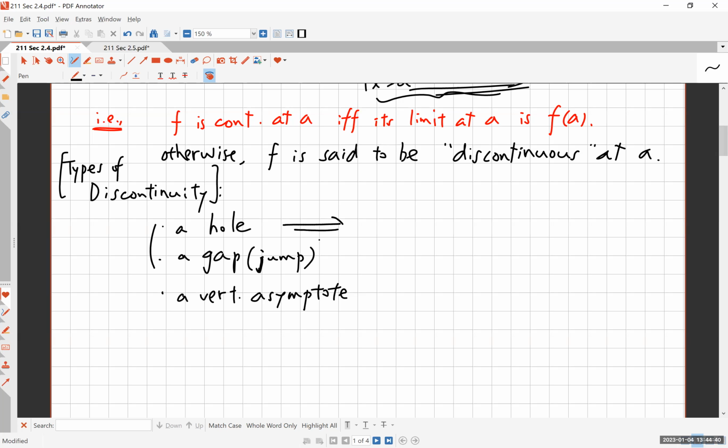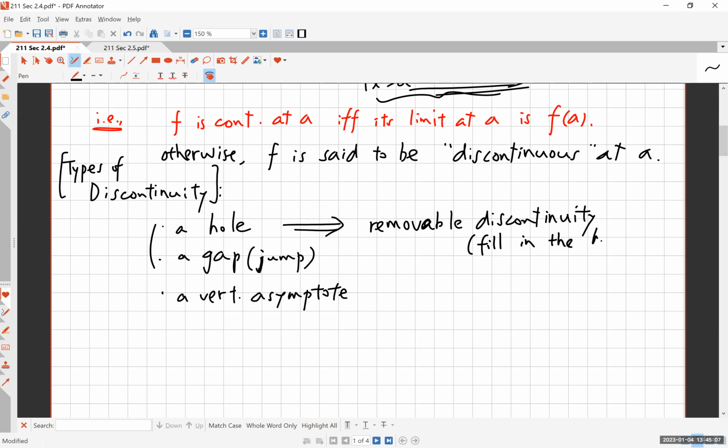Now, if you have a single hole, you can actually fill in the hole with that value, which is the same as the limit where the missing hole is. So this one can easily be removed. This is sometimes called the removable discontinuity, just by adding that point to fill in the hole.